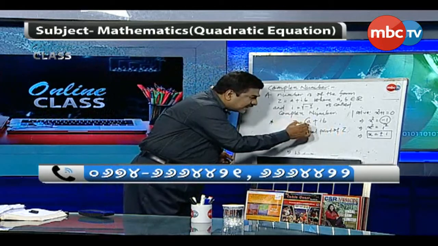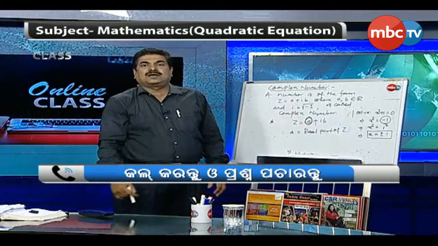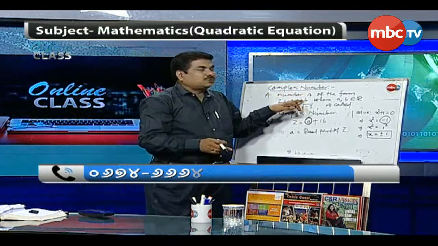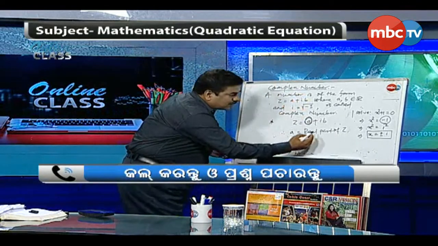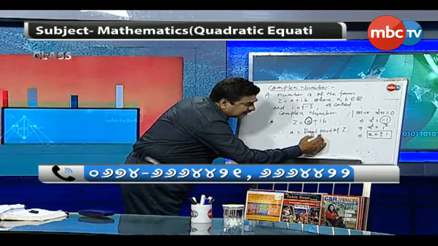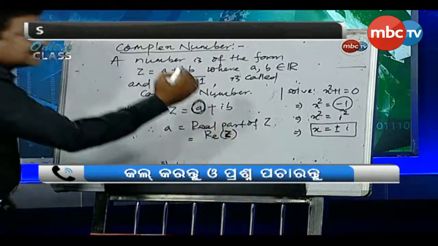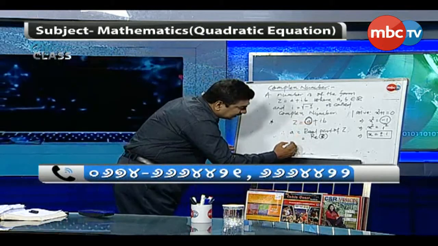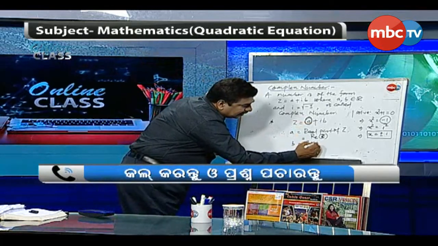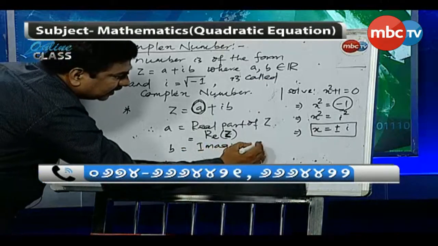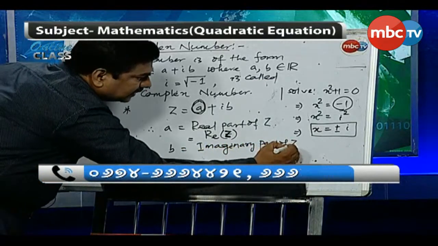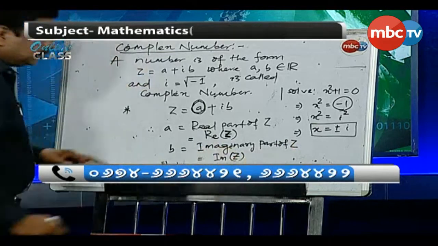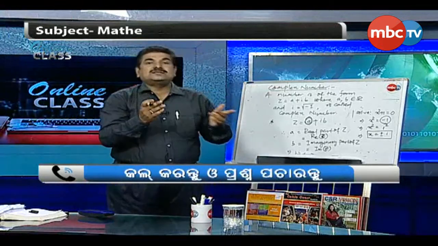This part a we call the real part of z, and it is denoted as Re of z, meaning real part of z. Similarly, b is known as the imaginary part of z, or we write this as Im of z. b is the imaginary part of z.